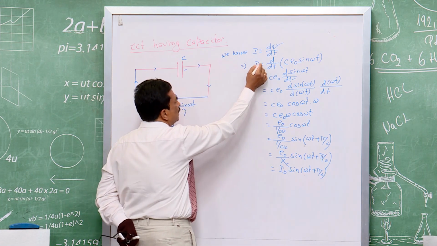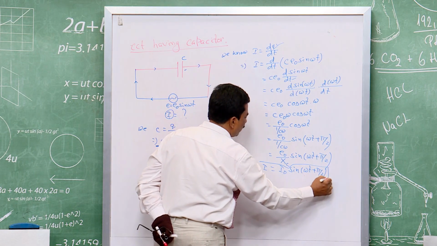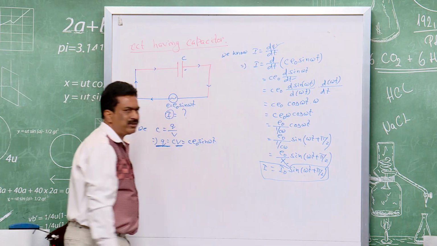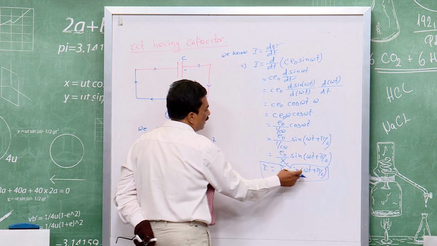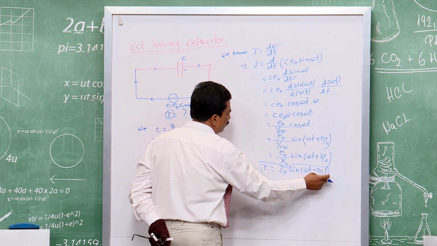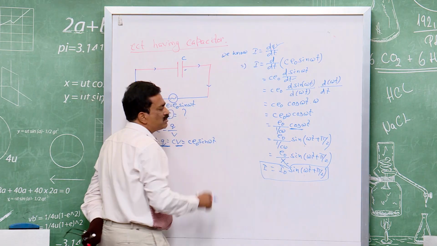Which one is this? That is for I. So I is equal to I0 sin omega t plus pi by 2. It came from cos omega t. Here there is a question.